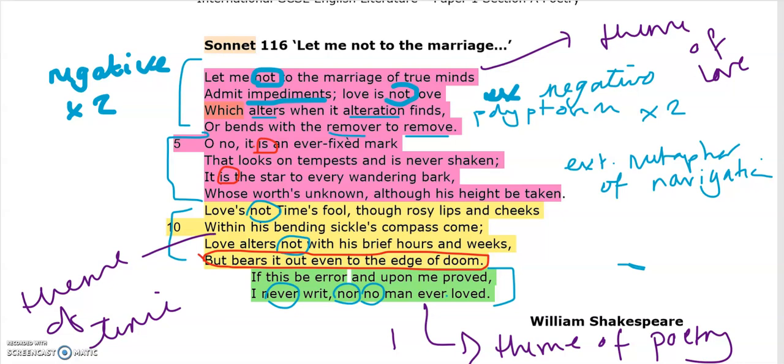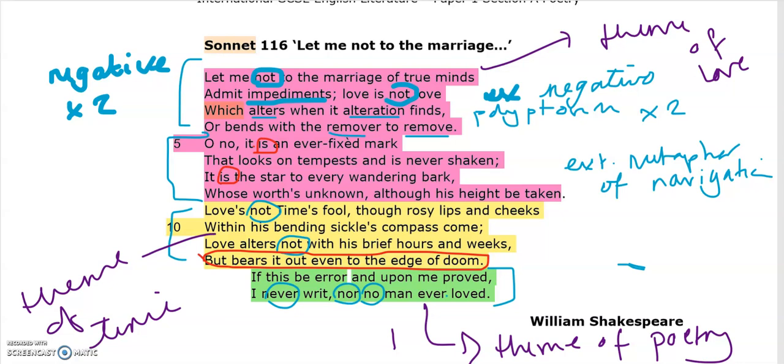Okay, next section, still defining love. It is an ever-fixed mark that looks on tempests and is never shaken. It is the star to every wandering bark, whose worth's unknown though his height be taken. Okay, so this is going into the positive briefly to define love. Love as something which is a fixed mark, so a constant point. It doesn't waver, again, it doesn't change or alter.